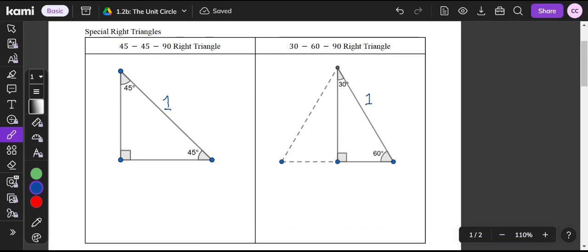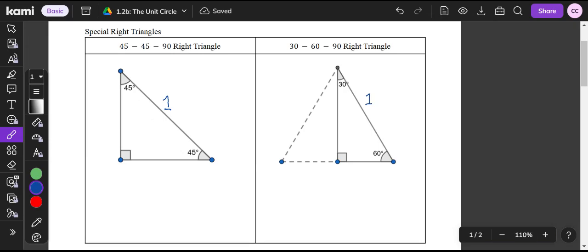Now, when we're talking about special right triangles, we want to be able to know what all of the sides are equal to. So if the hypotenuse is 1, for this 45, 45, 90, I want to figure out what these two lengths are. A 45, 45, 90 is really nice because we have two angles that are both equal to 45.